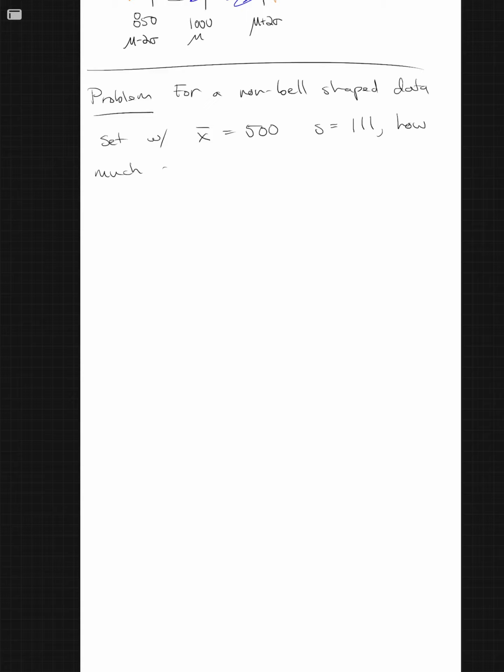How much of the data set is between 56 and 944? Right, so again, like before, we need to figure out how far these are from x bar.